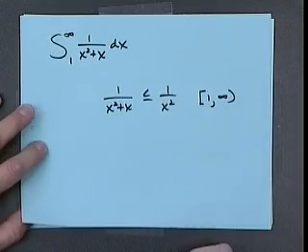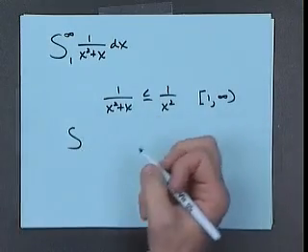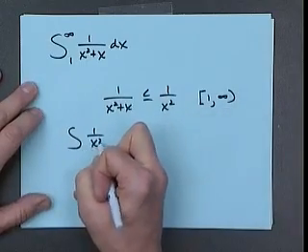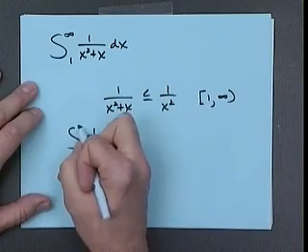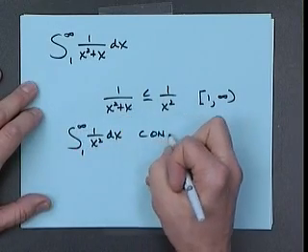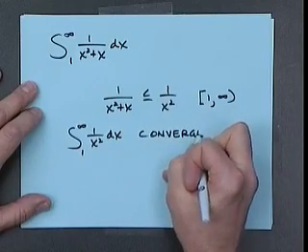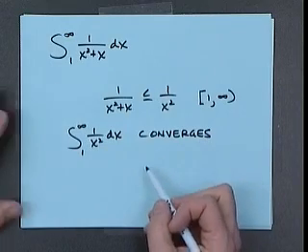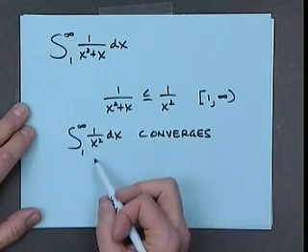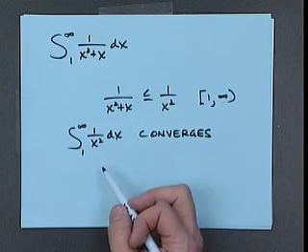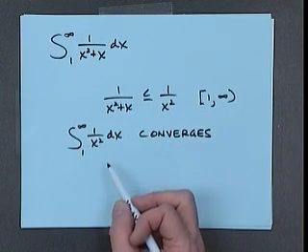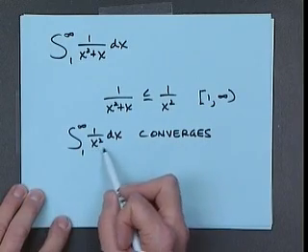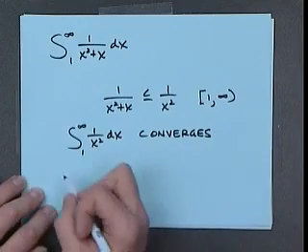Because this is true on this interval, then we can go ahead and make our conclusion. That converges. We've actually done this problem. I think we did from 2 to infinity, but it's basically the same problem. Or we could say this is one of those integrals with 1 over x to the p, and p is larger than 1. We summarized that too. So we've got two validations why this converges.